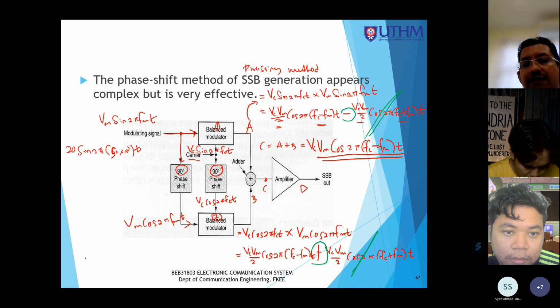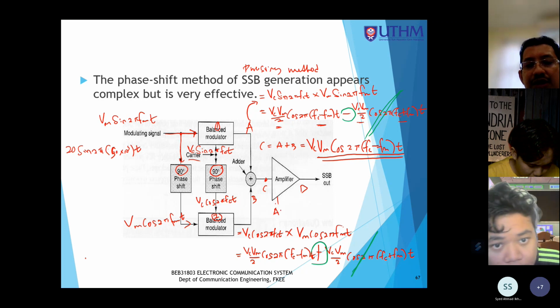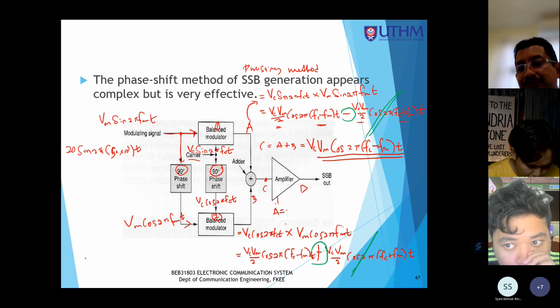Macam mana pula pada point D? So untuk point D, for example, katalah amplifier ini mempunyai gain sebanyak katalah 10.